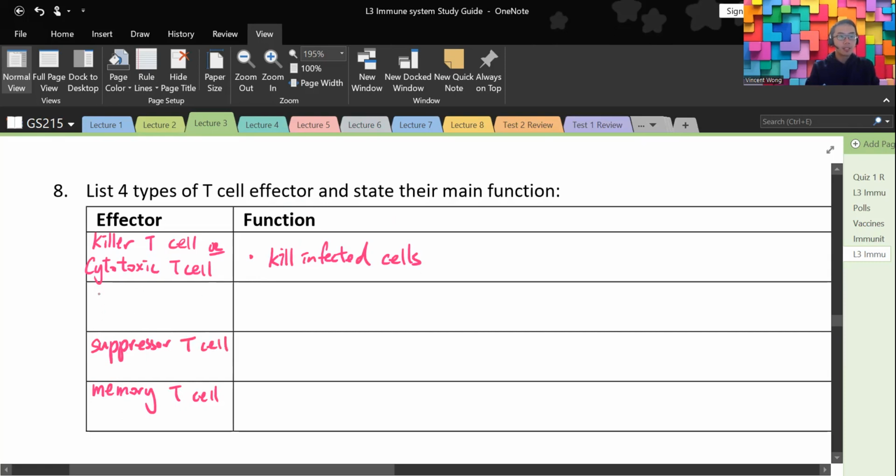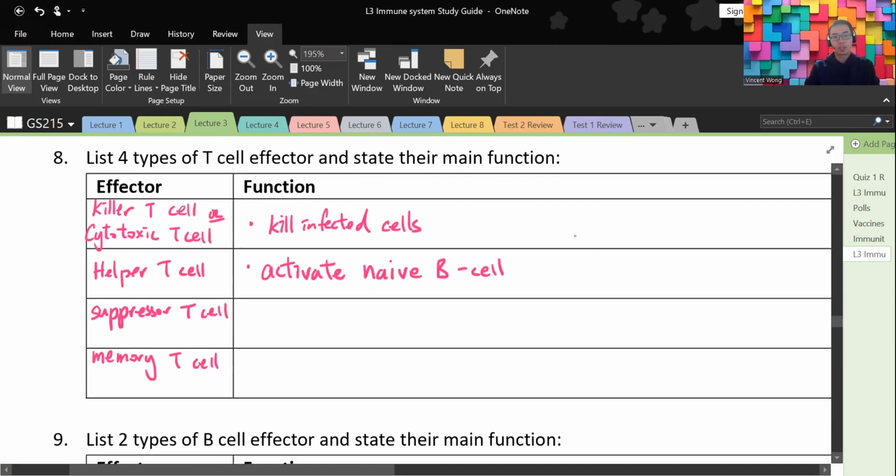Tina said helper T cell. That's right. The helper T cell will go activate the naive B cell, and the B cell will then undergo clonal expansion.